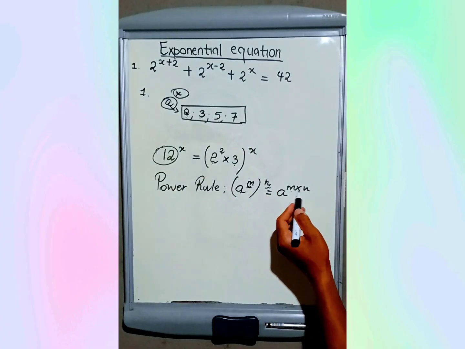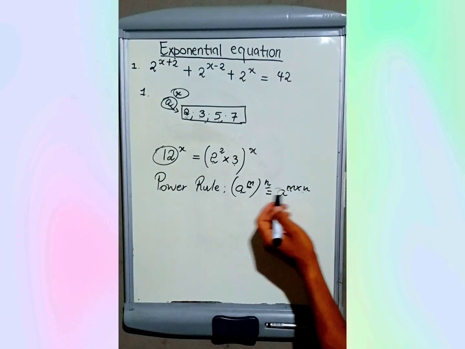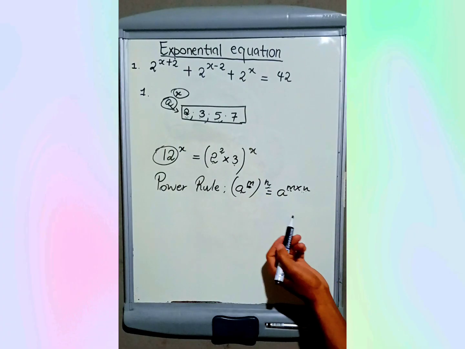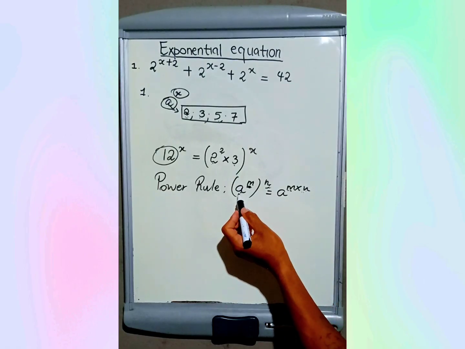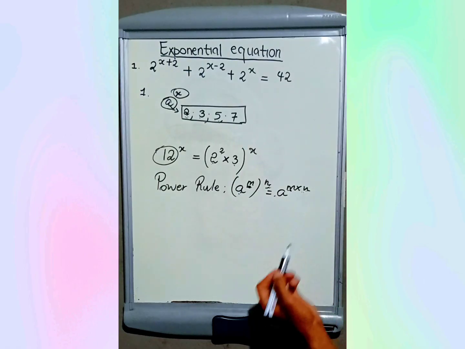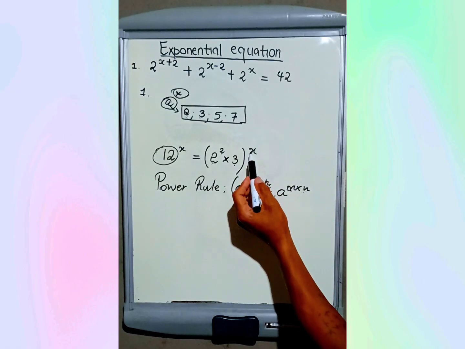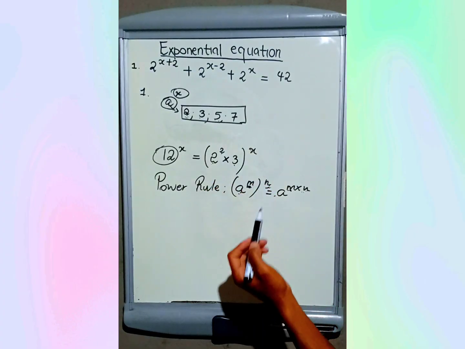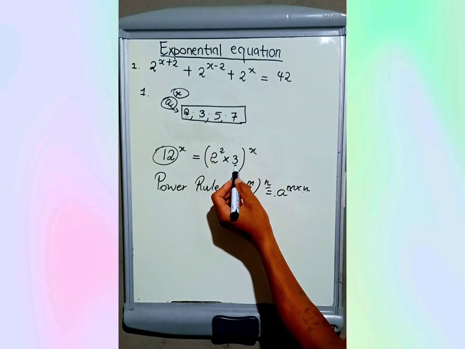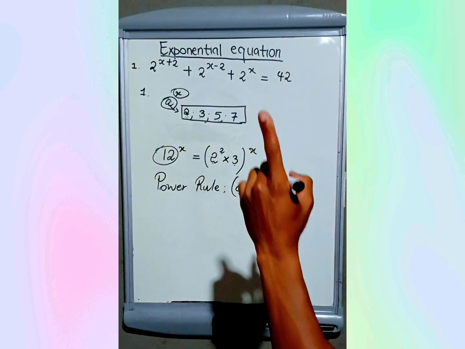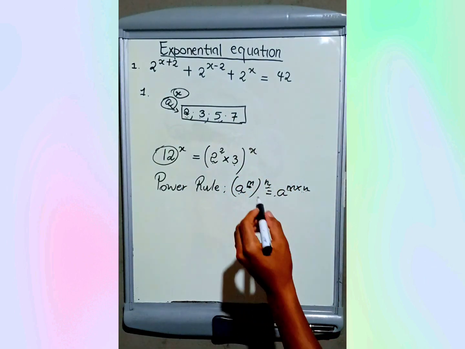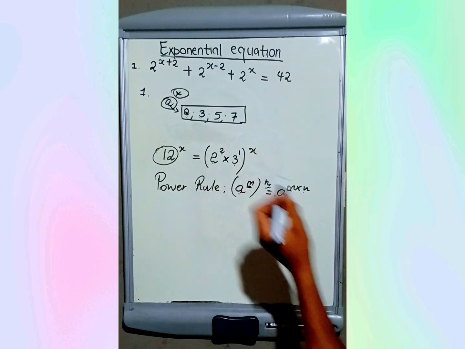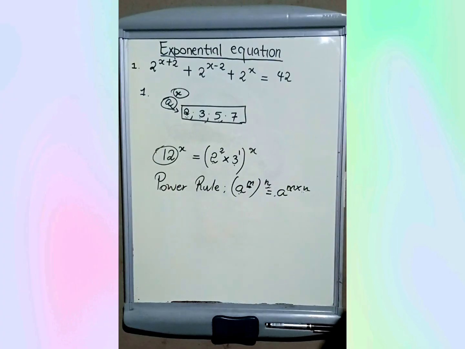We take the product of the exponents. Therefore, we take the base, then multiply the exponents. As you see here, we have an exponent and we have an exponent. Any number without an exponent, we normally say it always has an exponent which is equal to 1.